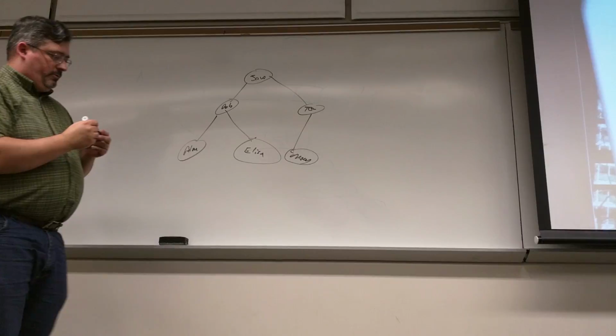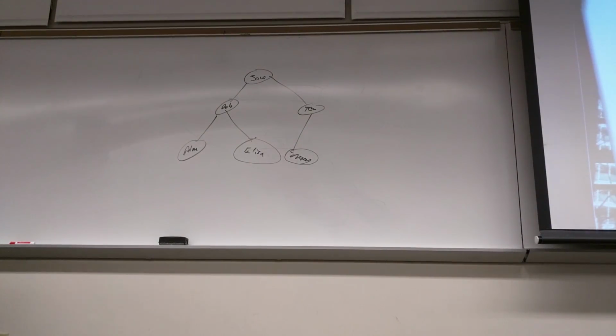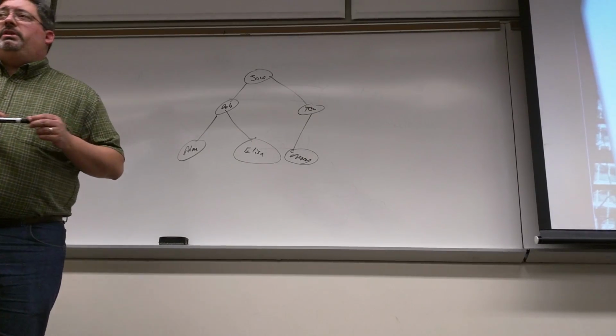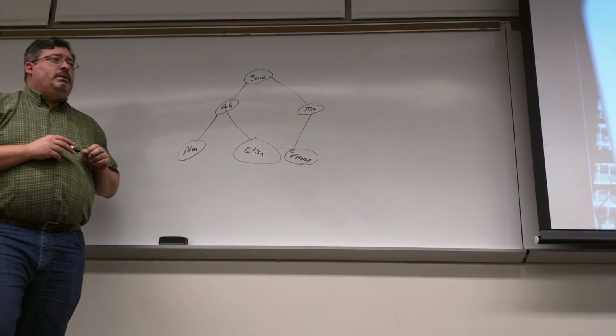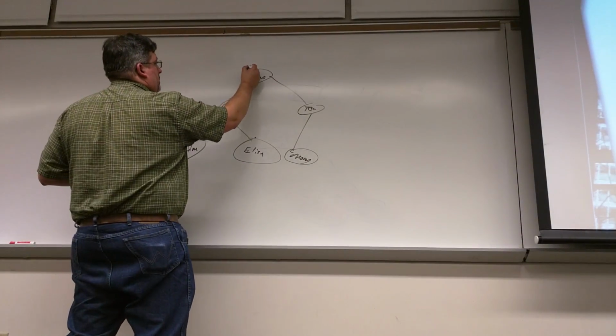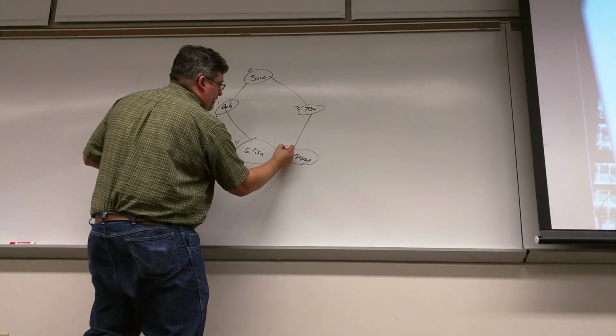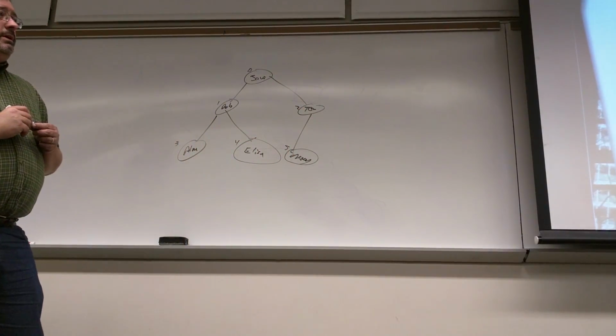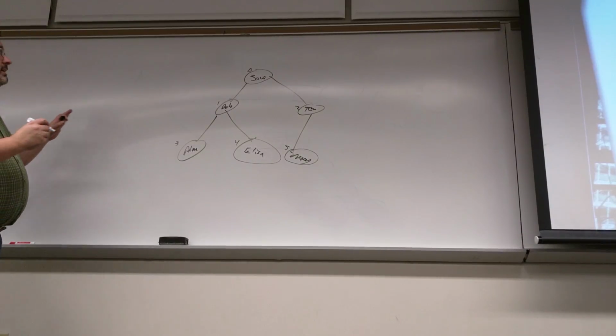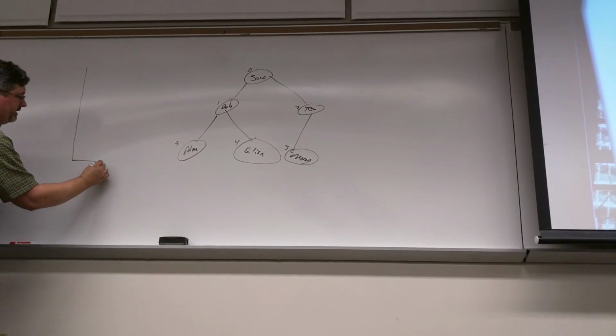Okay, so this tree isn't a heap. It's just a complete binary tree. We're going to number the nodes: 0, 1, 2, 3, 4, 5. Now, I numbered these in this way on purpose. I can take each of these nodes and put them in an array.